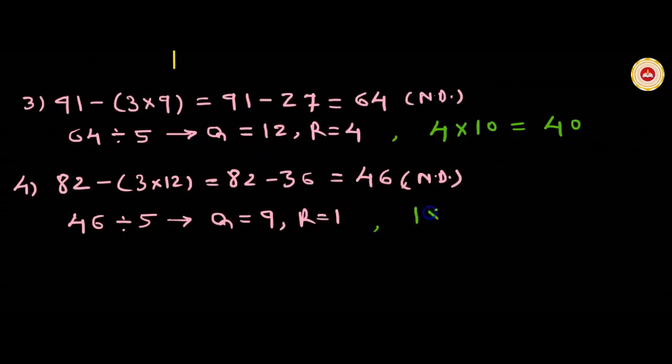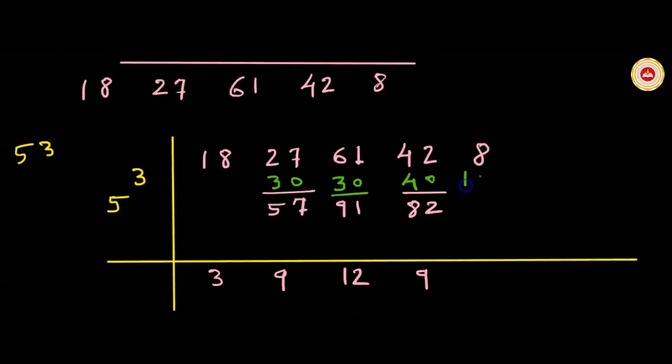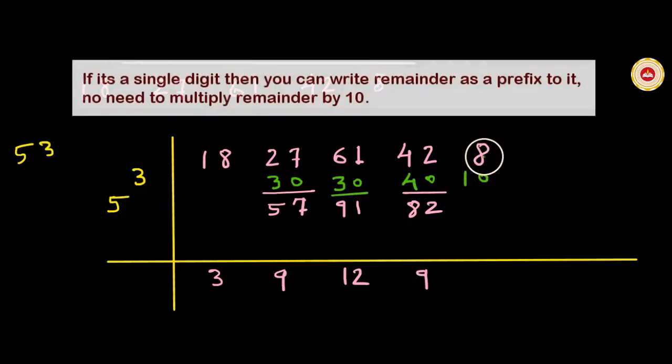Multiply remainder 1 by 10, you get 10 and write 10 below next digit. Now as there is single digit, you can write 1 directly as a prefix to 8 because this 8 is not in the form of parts, but still, which is equal to 18.